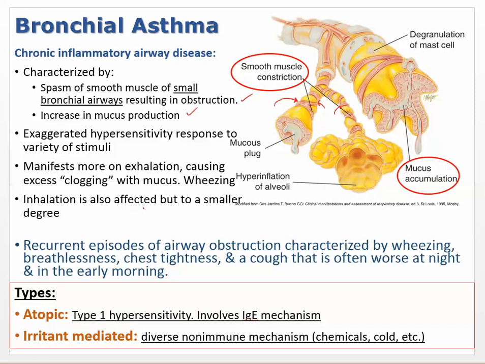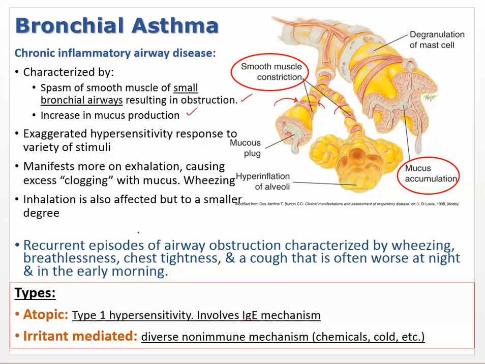Inhalation can also be affected because you're blocking these bronchial airways, but in general it's going to be that difficulty pushing air out. Okay, so you've got an ability to kind of use your diaphragm more sternly to pull air in, but getting it out is going to be problematic.